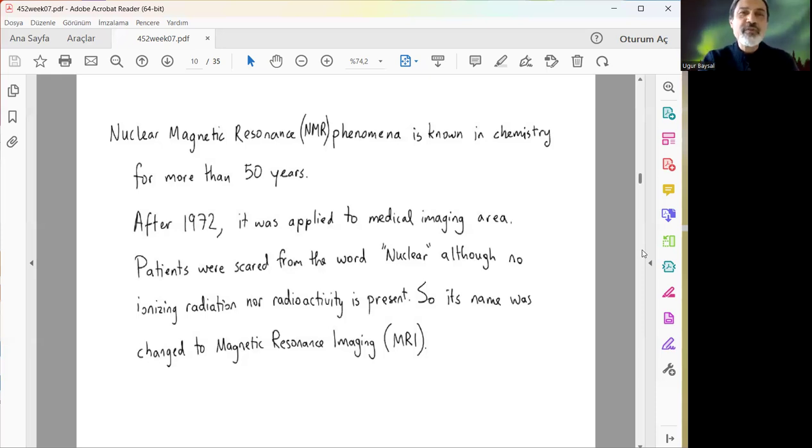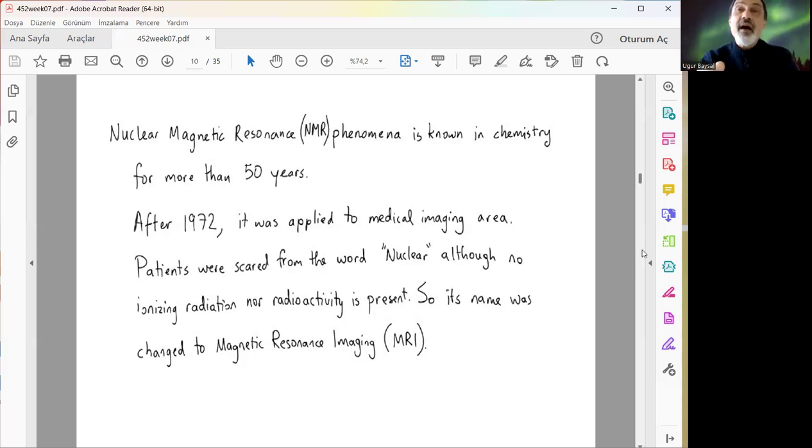So, formerly nuclear magnetic resonance was called NMR. It was known for more than 50 years, today more than 75 years. They were known for a long time. But after 72, it was applied to human or medical imaging.